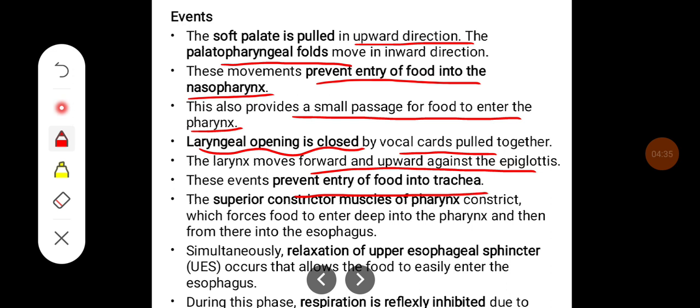The superior constrictor muscles of the pharynx constrict, which forces food to enter deep into the pharynx and then from there into the esophagus. Simultaneously, a relaxation of the upper esophageal sphincter occurs and allows the food to easily enter into the esophagus. In this phase, respiration is inhibited due to the inhibition of the respiratory centers.